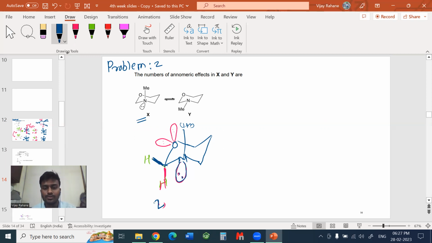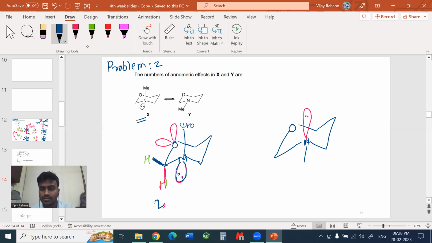And for Y molecule, if you see the structure of this Y molecule, here we can see the methyl group is at equatorial position. So the lone pair on nitrogen will be on the axial one, and the axial lone pair is not able to be involved to give the anomeric effect, right?